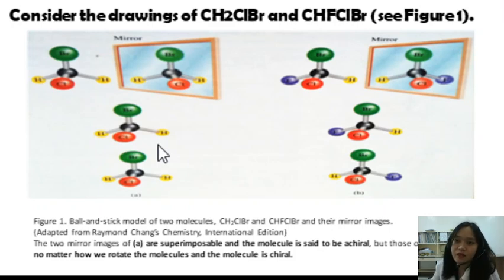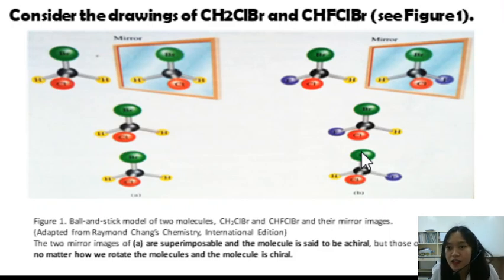They coincide because you will find on top the functional group, you have the bromine, and then sa bottom, you have the chlorine. And on the other sides, you both have hydrogen atom and hydrogen atom. So, kahit na ipagdikit mo sila on top of each other, they are still the same. So, this is what you call superimposable, meaning this one is achiral.